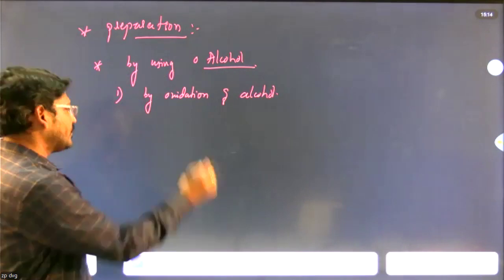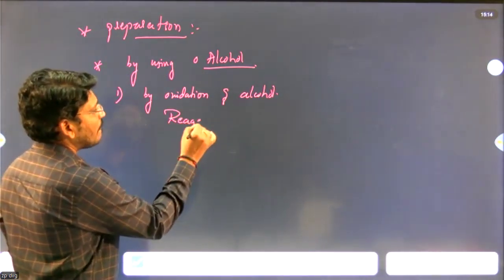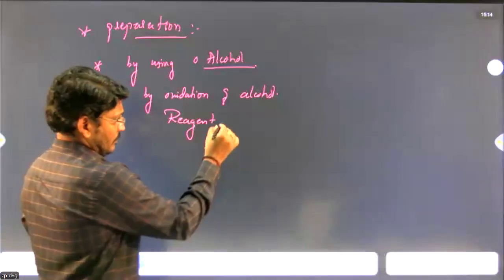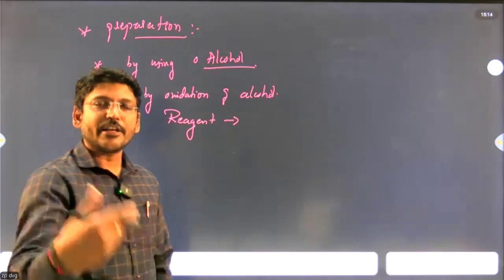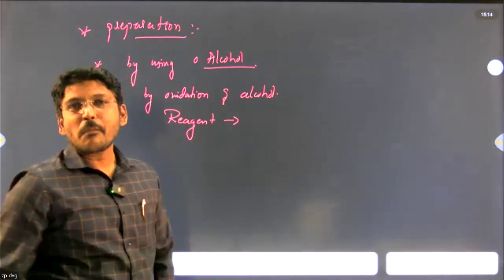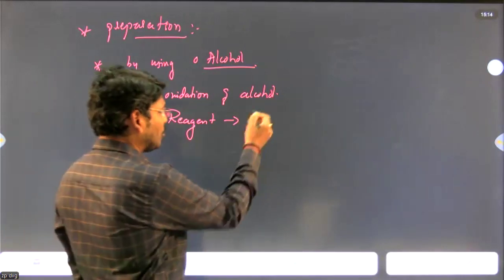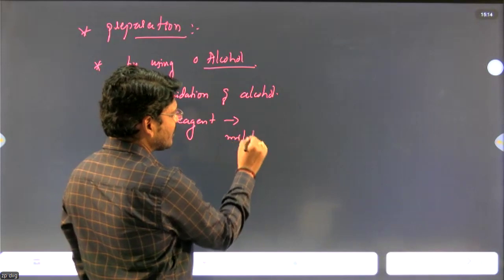To undergo oxidation, compulsorily here we have to use certain reagents. There are a number of reagents to prepare aldehydes, ketones, and carboxylic acids by using alcohols. Normally, there are two types of oxidizing reagents. One is a mild oxidizing agent.